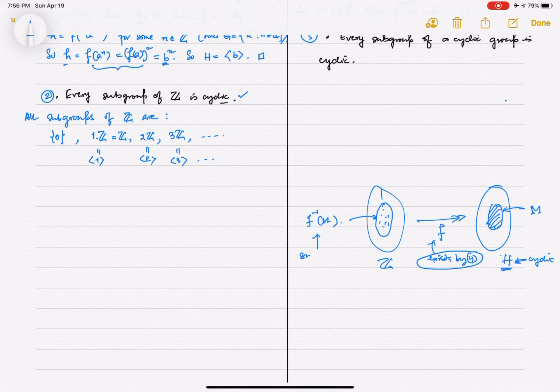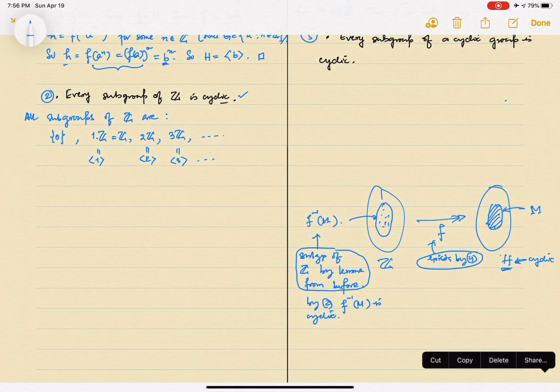So this is a subgroup of Z by lemma from before. This we did prove in detail. Now that you know this is a subgroup, you also know it's a cyclic subgroup by 2. By 2, F inverse M is cyclic. Okay, it's a subgroup of Z, so it's a cyclic group.